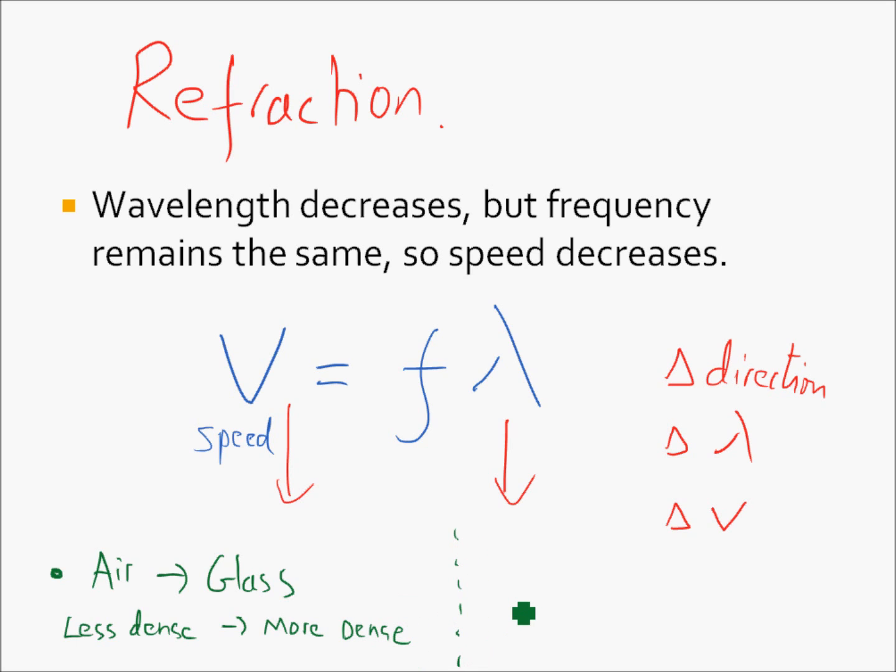If we were going the other way, from glass to air, we would actually find that the speed increases and lambda increases. So it's the opposite effect. If you're going from something less dense to more dense, then the speed and the wavelength decrease. And if you're going from something more dense to something less dense, then the speed increases and the wavelength increases.